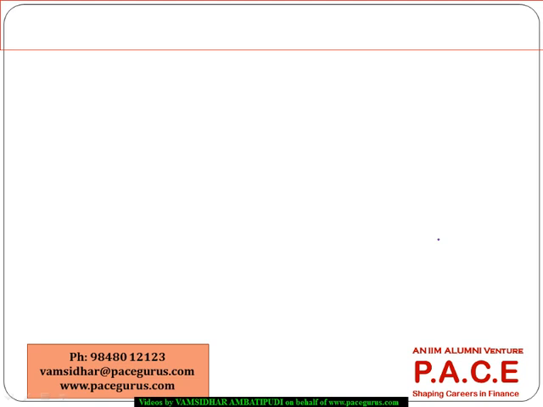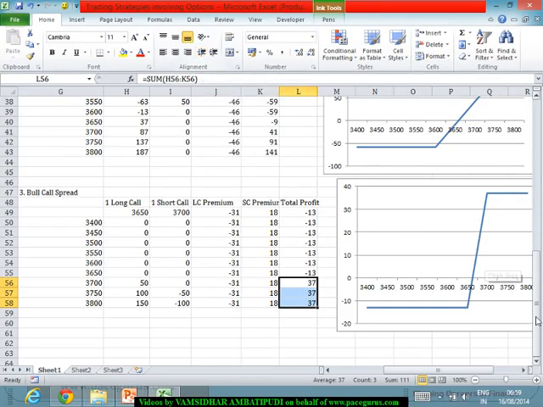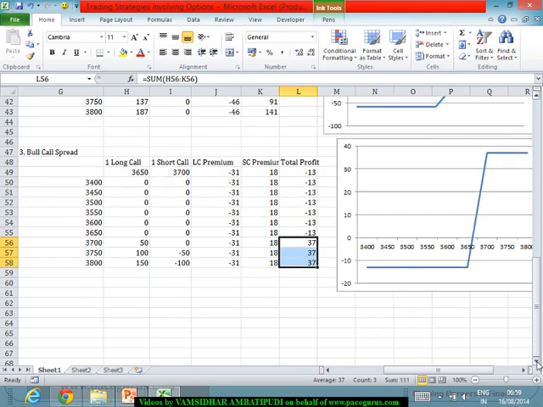But when an investor is more or less bearish about the stock price movement, then he could very well execute one of these bear spread kind of strategies, which is almost the reverse of a bull spread kind of strategy, as simple as that.